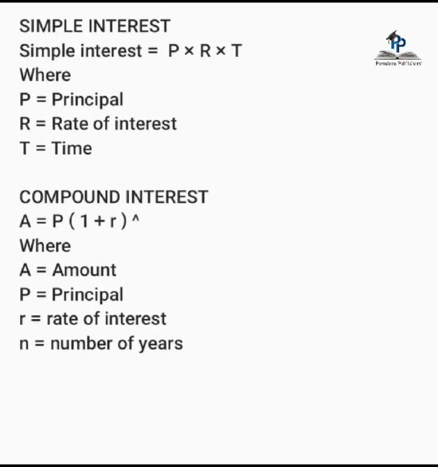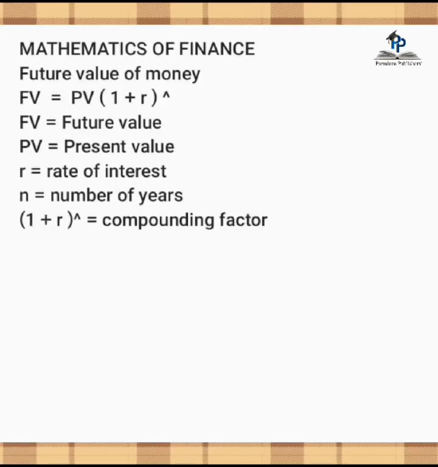The formula is readdressed into what we call future value of money and present value of money. The amount, capital A in the compound interest, is turned to FV, future value, while the principal in the compound interest is turned to present value. And with that, we come into a formula under mathematics of finance, which is known as future value of money.